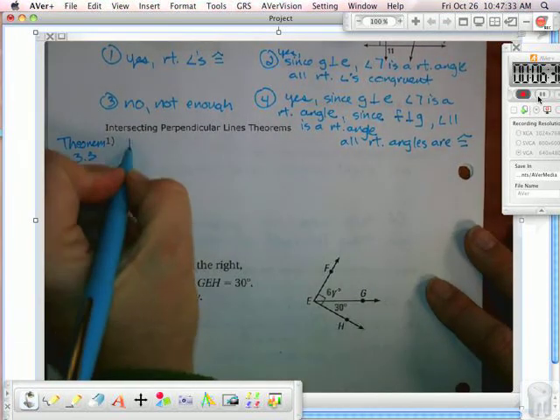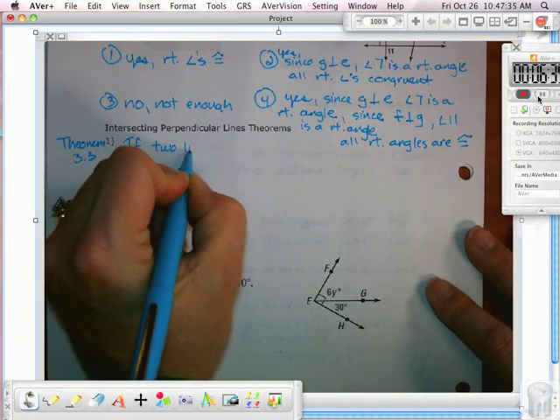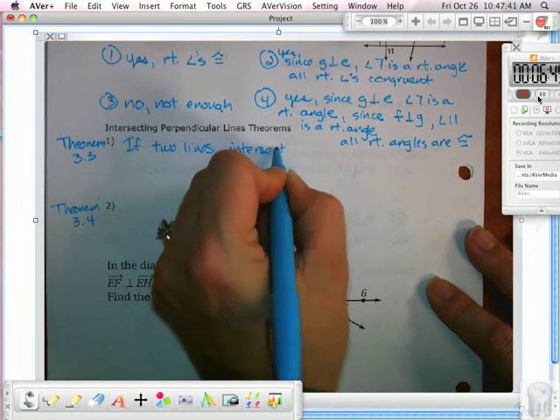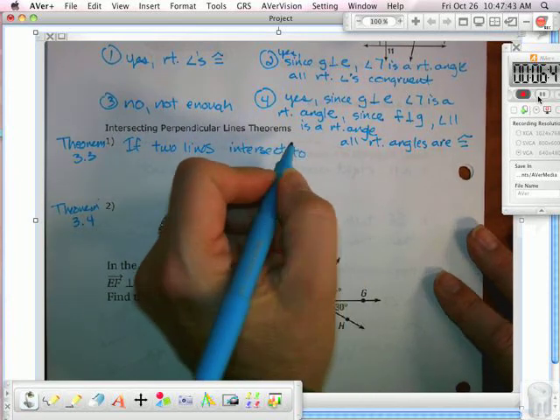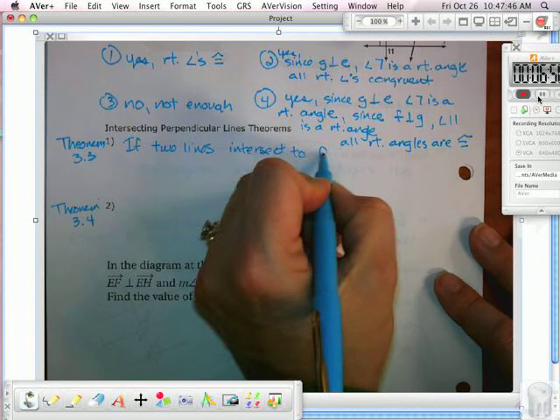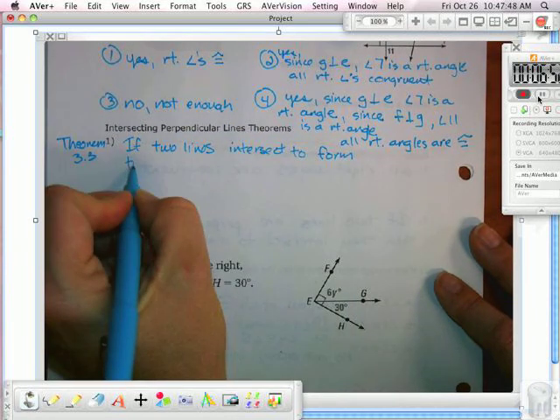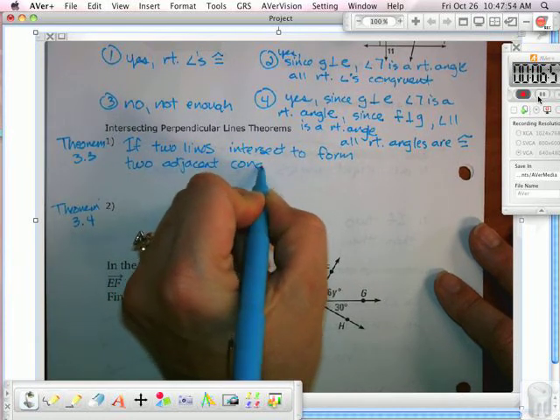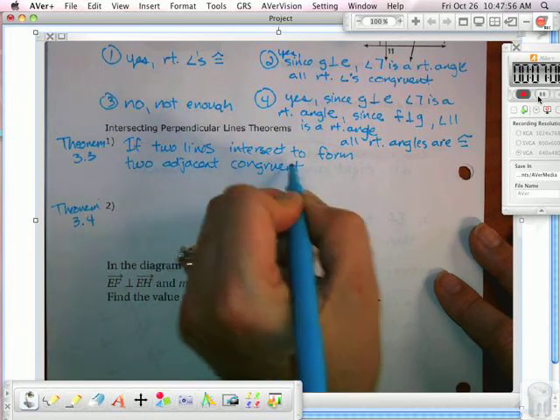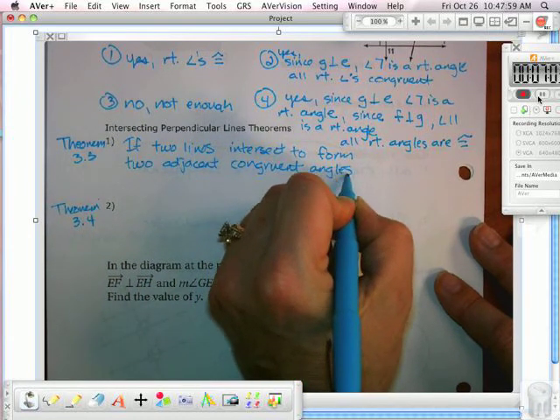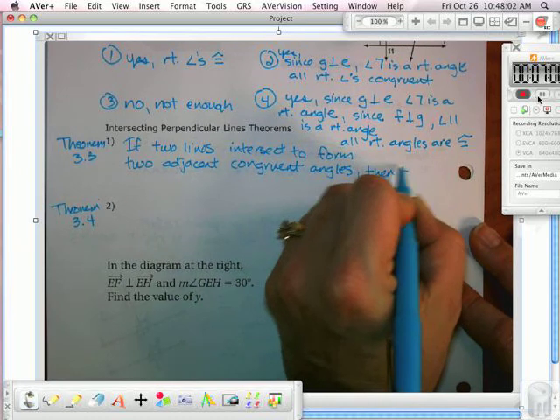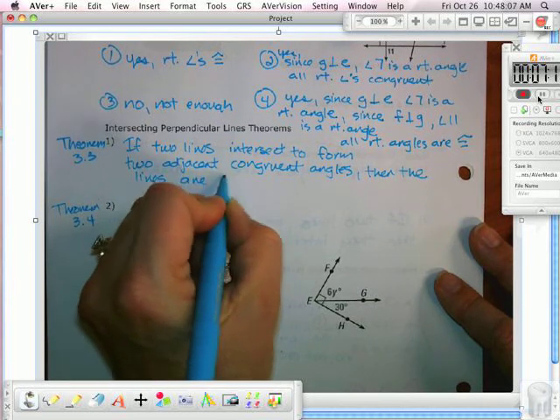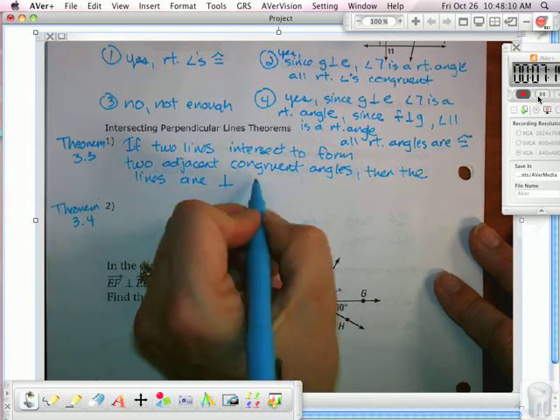If two lines intersect to form two adjacent congruent angles, then the lines are perpendicular, and they would have to be 90 degrees.